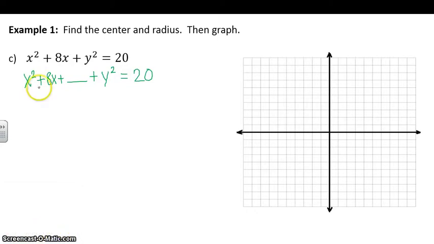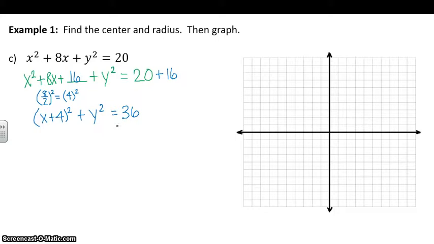So in doing that, I'm going to do (b divided by 2) squared, so that's 4 squared, which is 16. So then I have to add that to both sides of my equation. So then hopefully you got (x plus 4) squared is what that trinomial becomes, plus y squared equals 36.